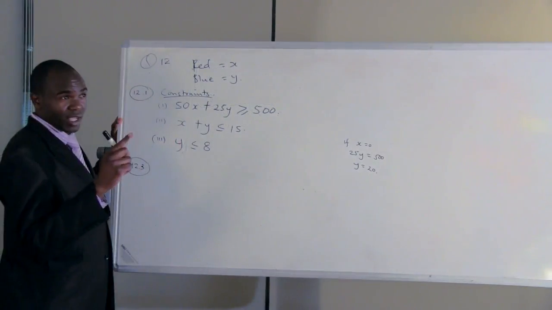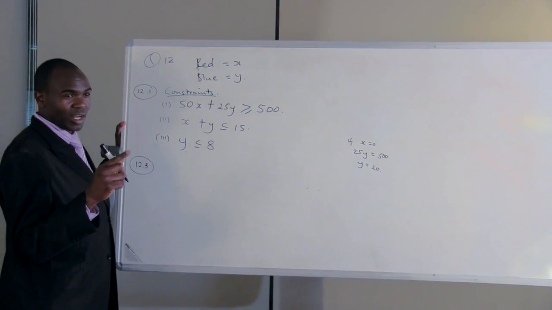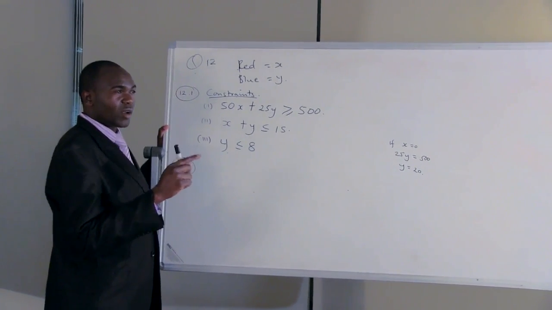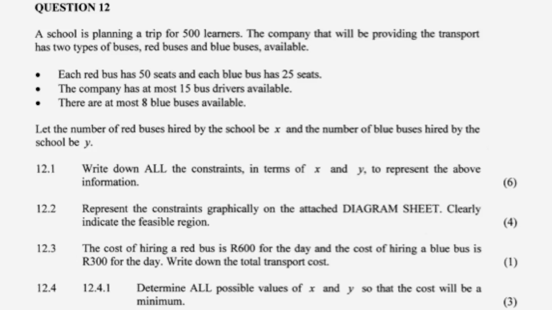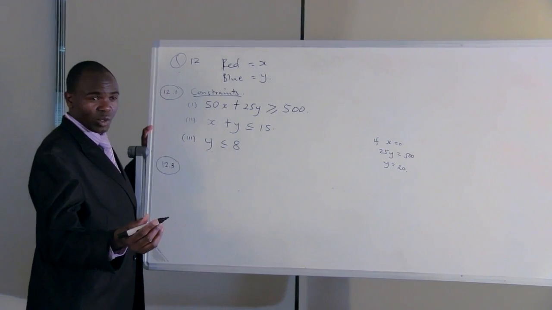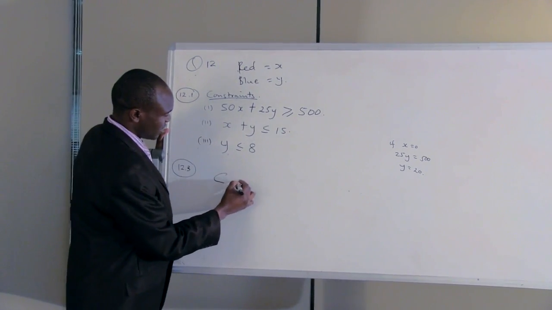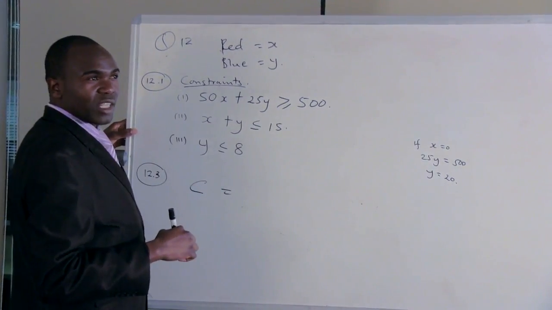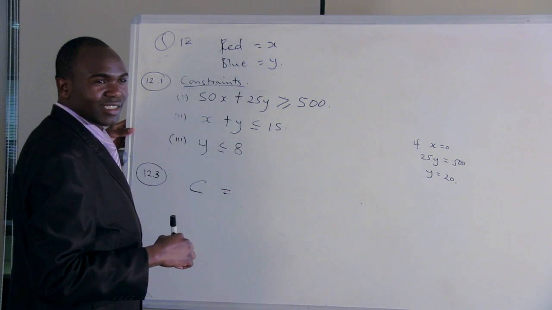Now, this is why I was saying linear programming is simple. Now think of this one. It says the cost of hiring a red bus is 600 for the day, and the cost of hiring a blue bus is 300 for the day. Write down the total transport cost. You don't know the transport cost, right? So just represent it as C, the transport cost. How many buses are you going to hire? You don't know.